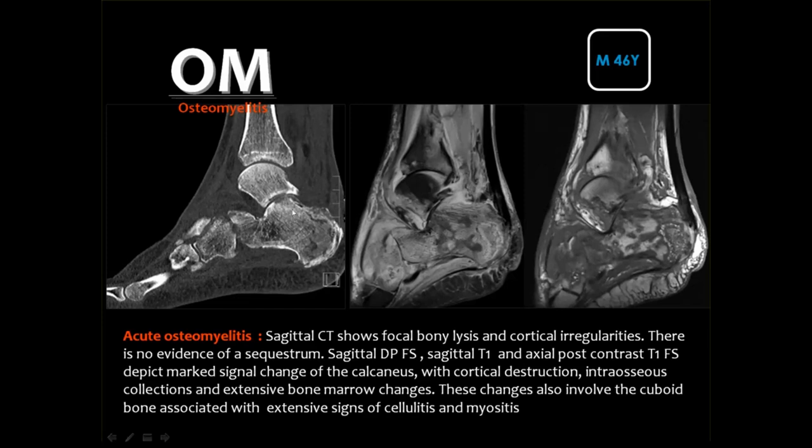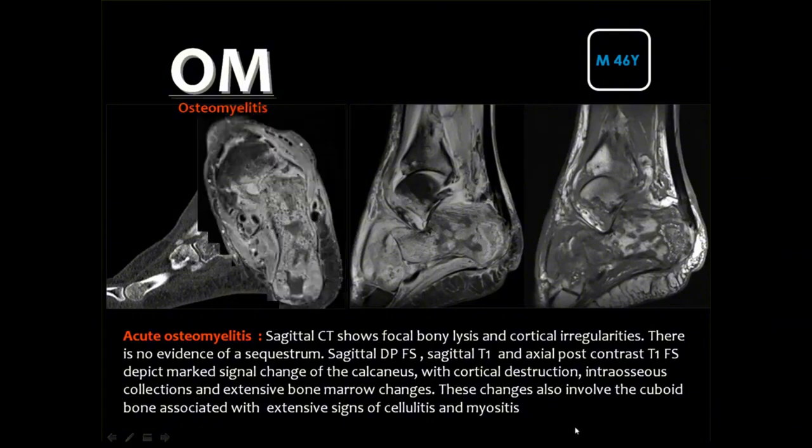And you see the erosive changes of the calcaneus, but on MRI you can see how severe the disease is. There are extensive destructive changes in the calcaneus and inflammatory granulation tissue in the surrounding fat planes, and also you see the lesions that appear of bright signal in the T2 weighted image.